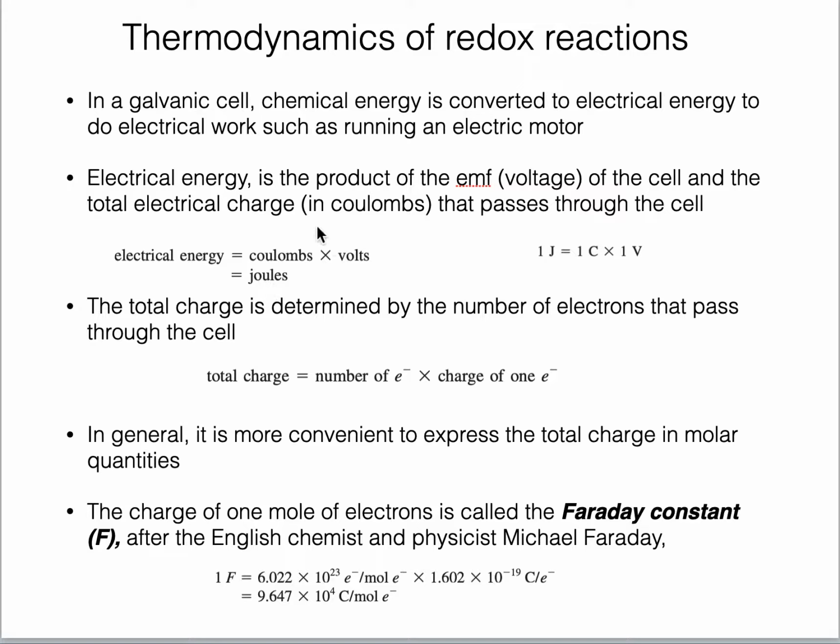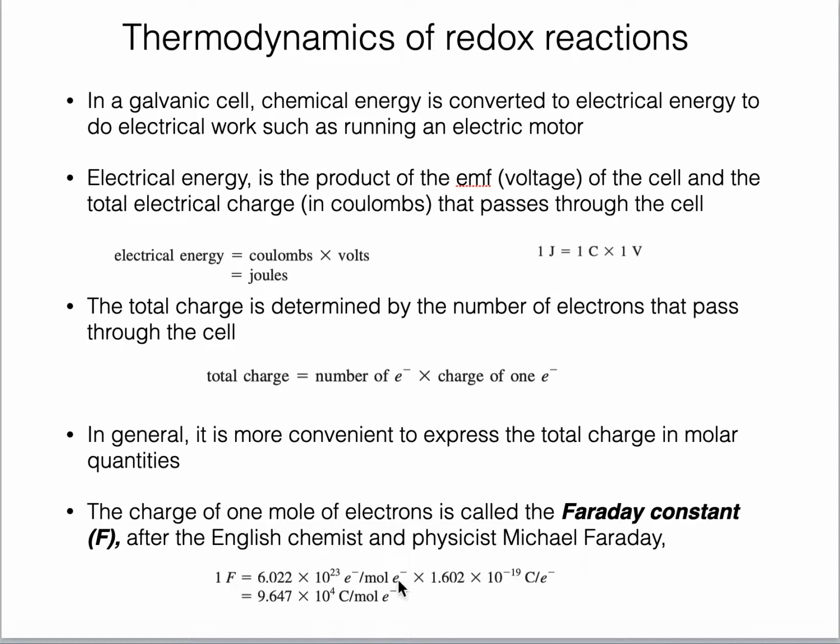Now we have to calculate the total amount of charge that will be transferring in a certain chemical reaction, and that can be calculated from the number of electrons and charge on 1 mole of electron. We need 1 mole because we want to standardize the charge units. So we can calculate the charge on 1 mole of electron.